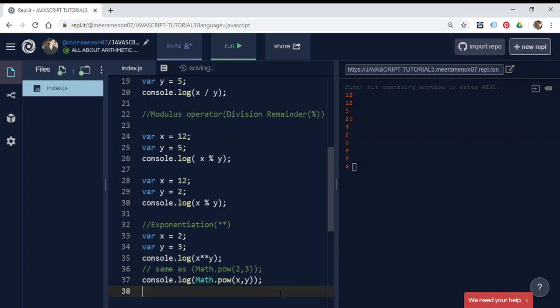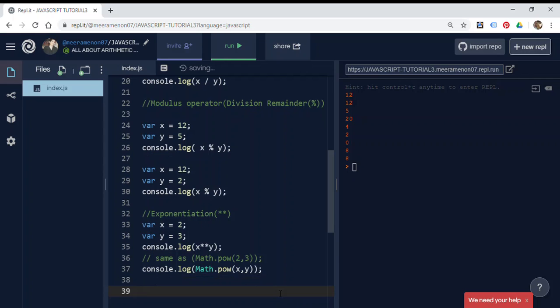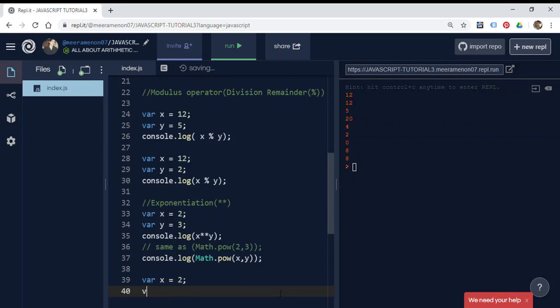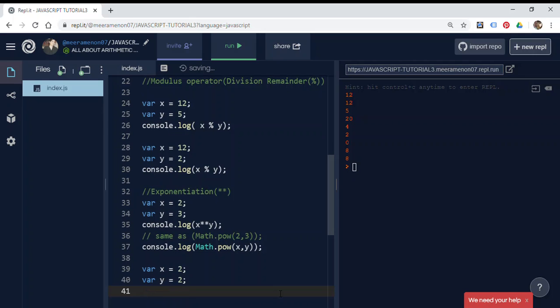Okay, let's take some more examples. What if variable x equal to 2, variable y equals 2, variable z equals 2.